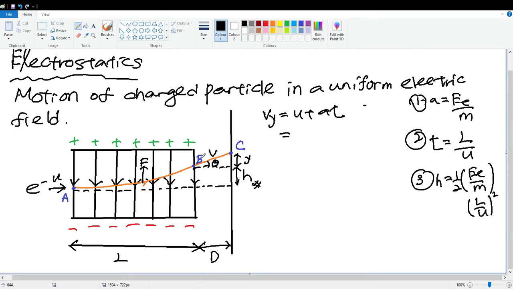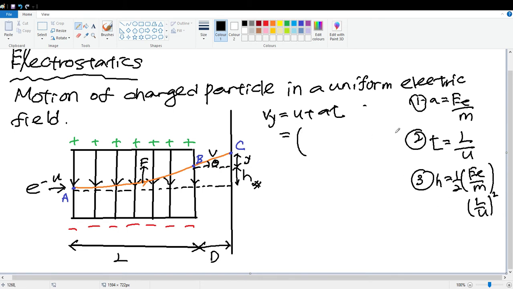So this one shall be our final velocity, and this one is the initial velocity, until the electron has moved from A to B. Since my initial velocity is in the horizontal motion, my u is actually 0.